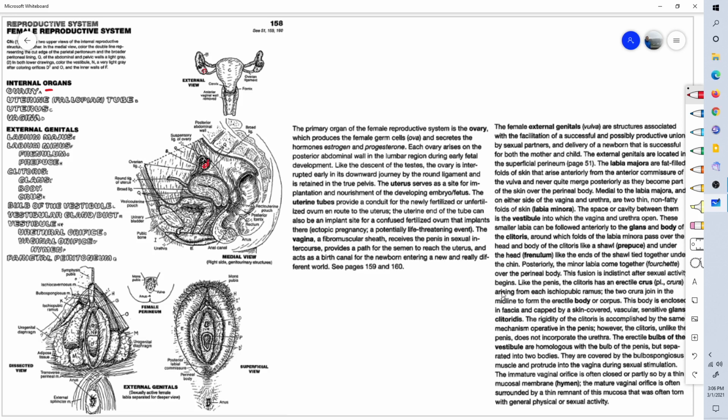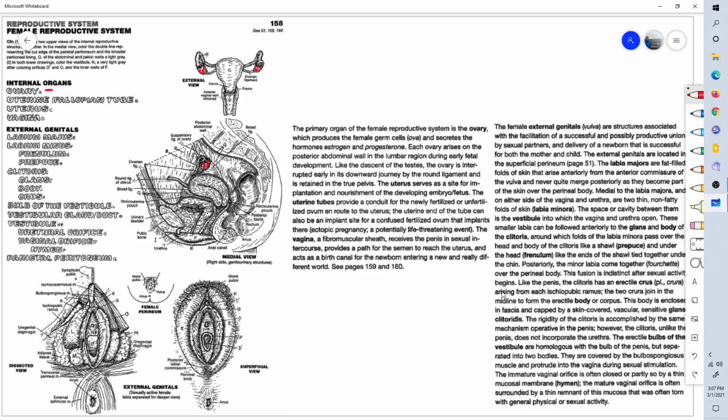And they produce the egg or the ovum, the ova, which is the reproductive cell for females. Sperm comes and meets the egg or the ova and fertilizes it, and it becomes the human fetus.